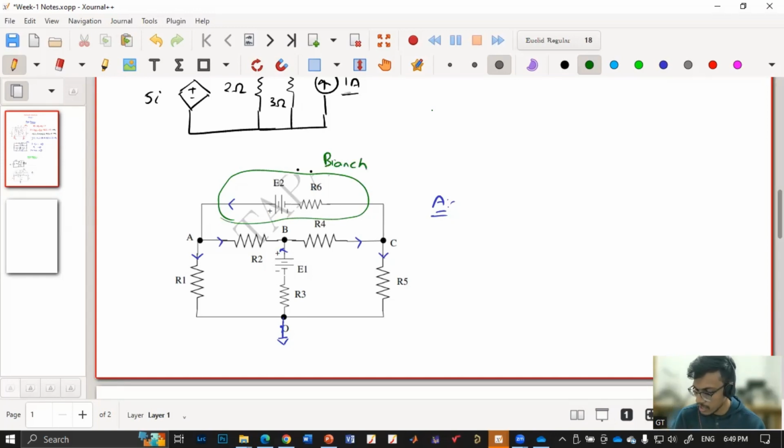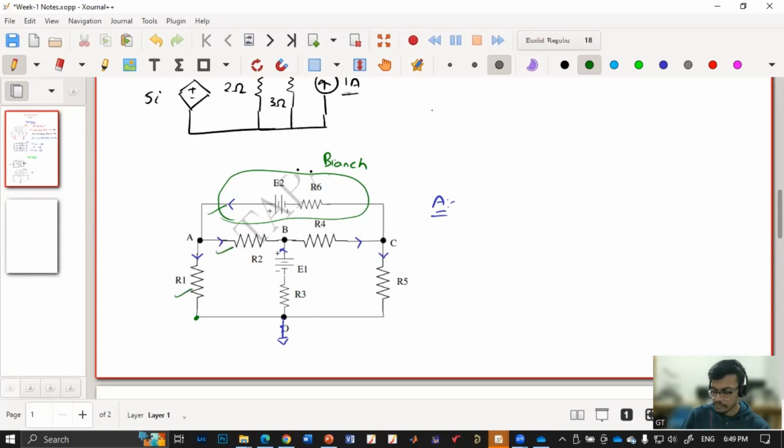And node is a connection of more than two such branches. Say here, if you consider this point, this is not a node because it is not a junction of more than three branches. But A is a node because it is a junction of three branches. This branch, and this branch, as well as this branch.